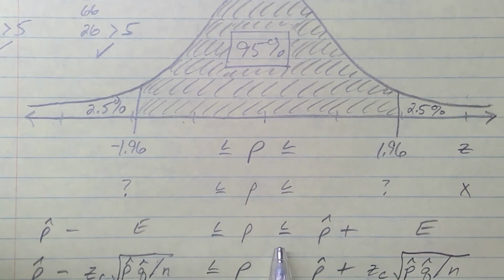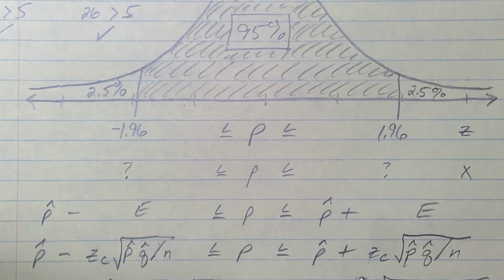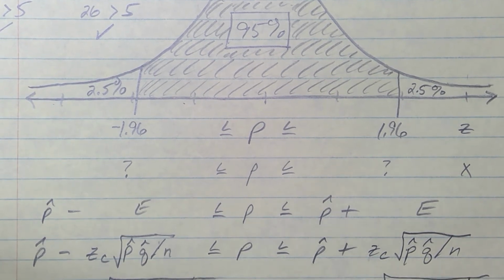Okay? So we switch to our formula here, which I showed you earlier. It's our best guess minus a little bit of error, and our best guess plus a little bit of error. So it's our best guess plus or minus, some give or take, a point spread more or less, a margin of error. Here's the specific formula.